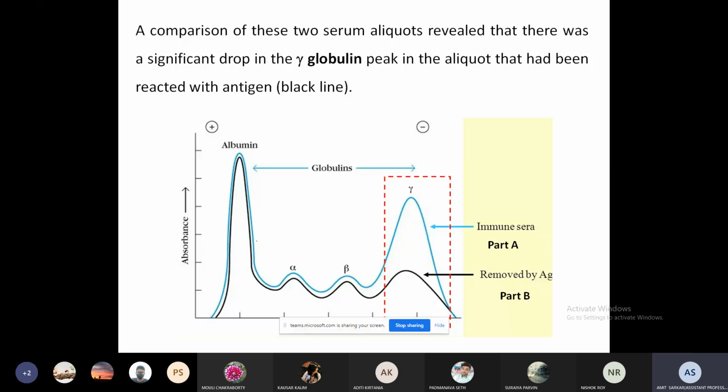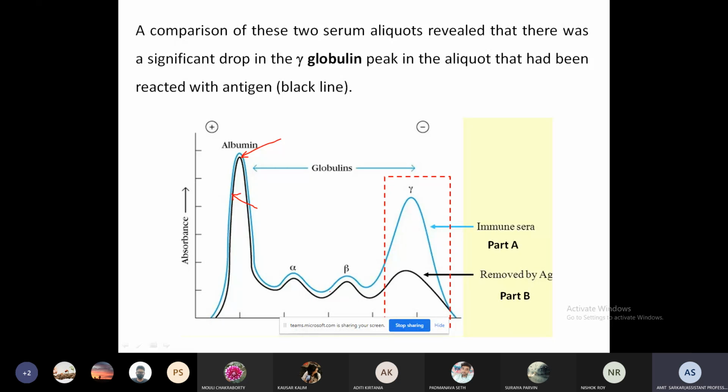Now the black one is coming from part B. The blue line is from part A, and the black one is from part B. What you're seeing here is that in part B, albumin protein is still there, no issue; it shows the same abundance.